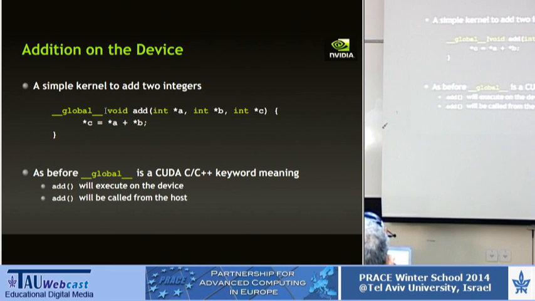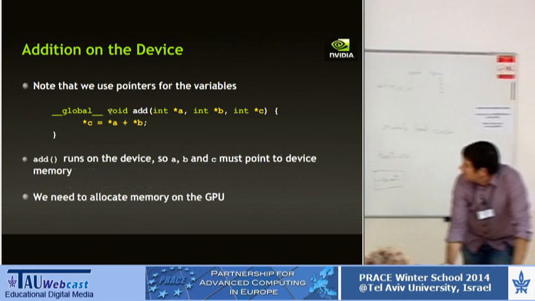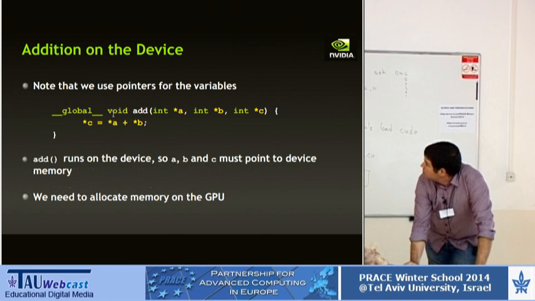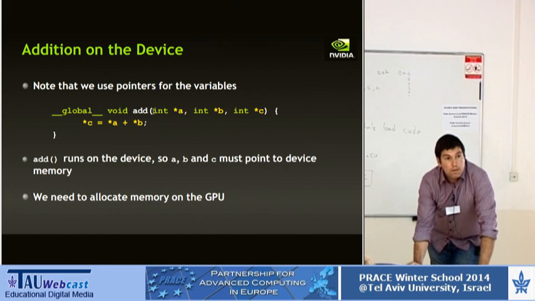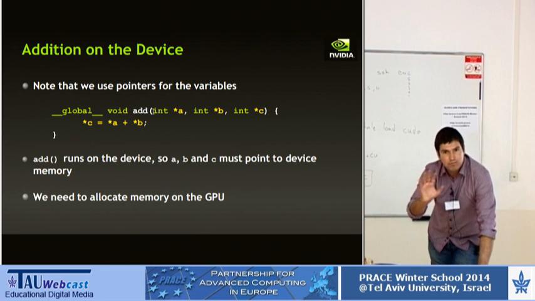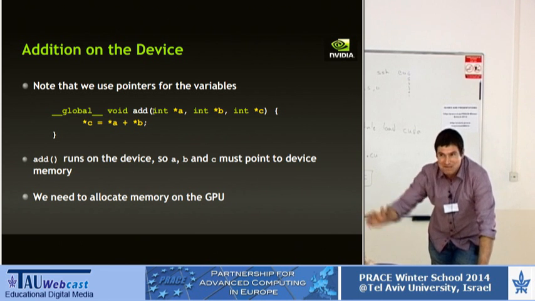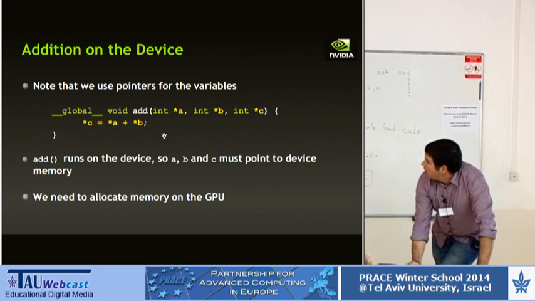Okay, so let's take a look. You're going to write this code in a sec, but let's take a look at what happens to the CPU code. The GPU also had jumps and functions. Yeah, but please let me progress a bit and then questions, okay? So we've put the pointers here.